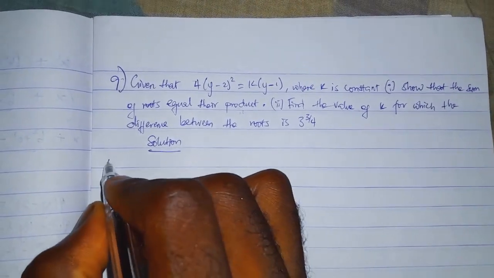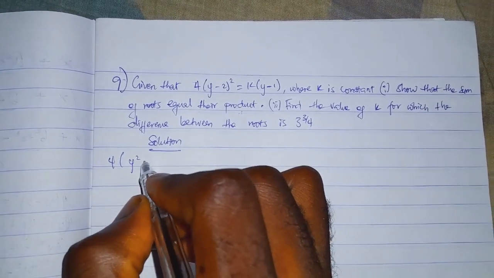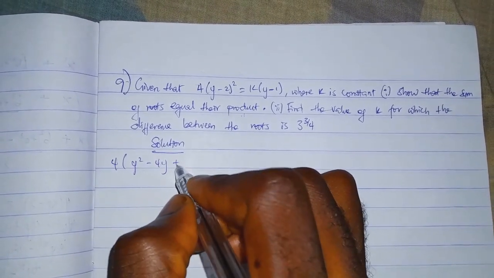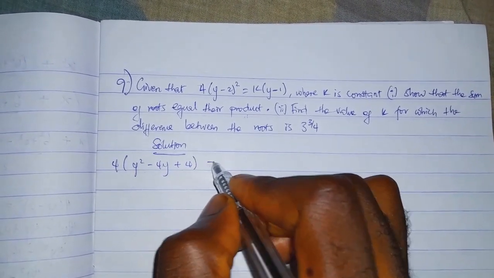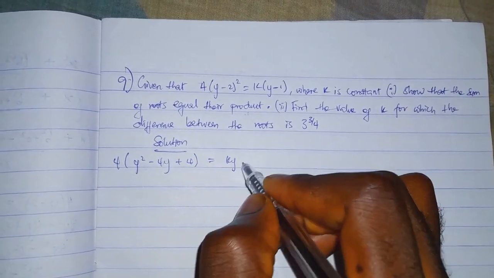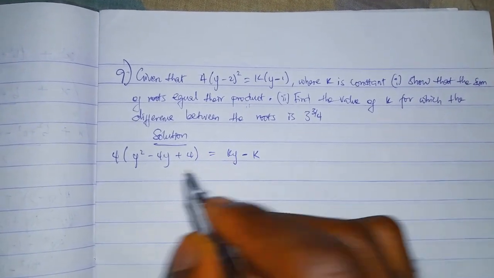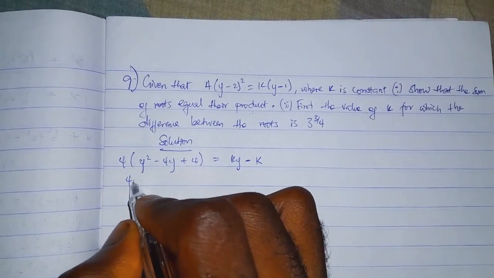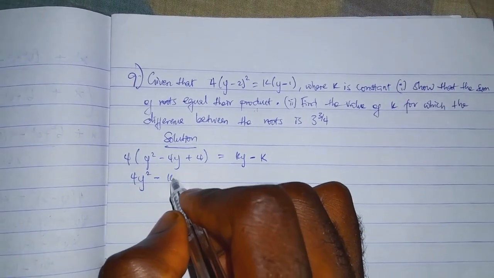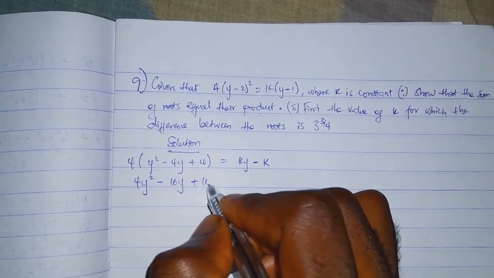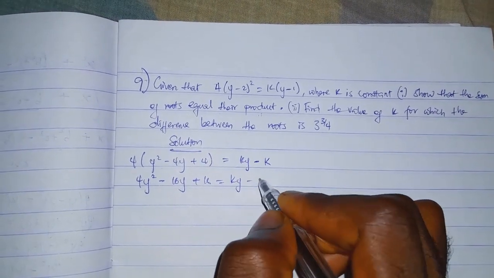Now expanding, this becomes 4(y² − 4y + 4) = ky − k. Just follow me as I solve. So this is 4y² − 16y + 16 = ky − k.